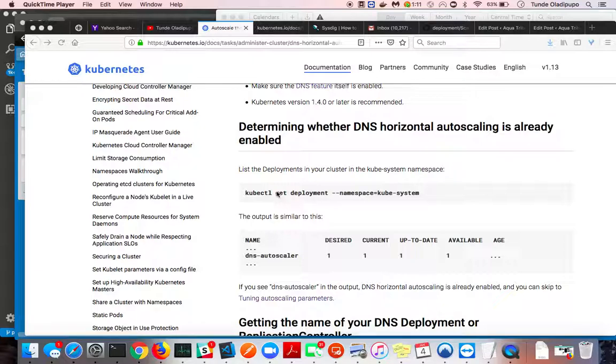As you launch more pods into the cluster, due to memory requirements, it puts stress on your kube-dns or your CoreDNS. How do you make sure that as your cluster expands, your CoreDNS also increases at the same time?